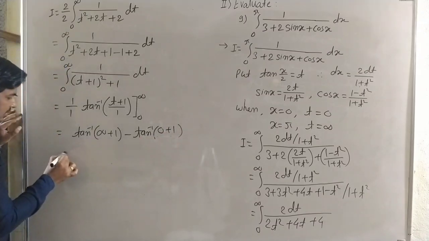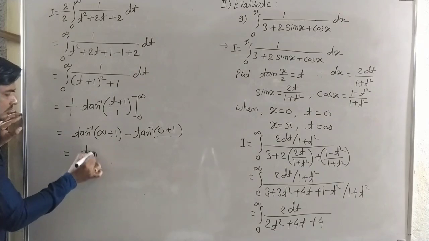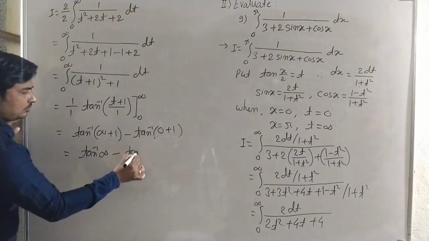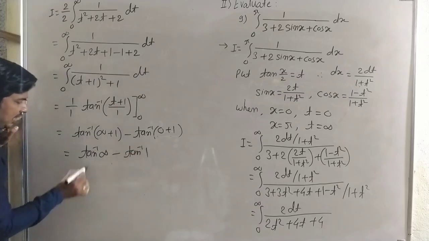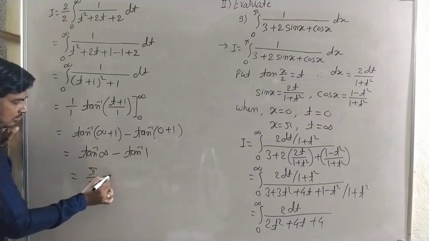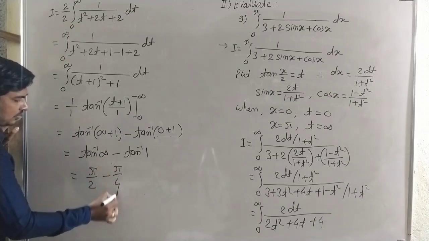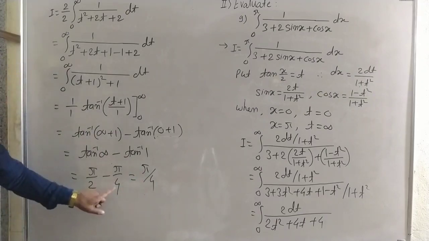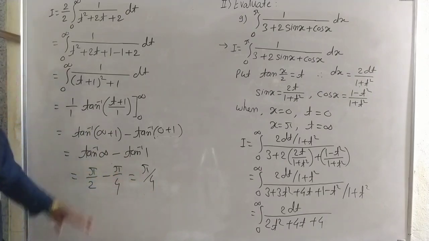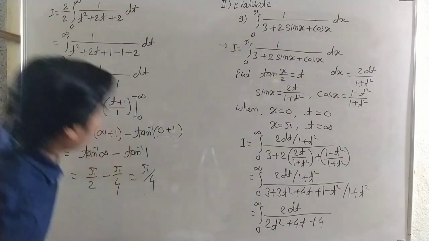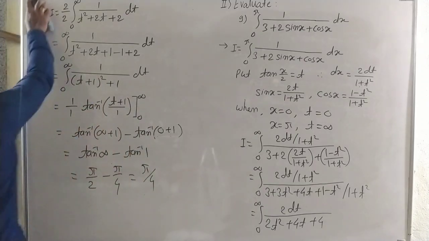Now tan inverse of infinity minus tan inverse of 1, and tan inverse of infinity is pi by 2, minus pi by 4. The last answer is pi by 2 minus pi by 4, 90 minus 45, it is 45, pi by 4. See carefully this.